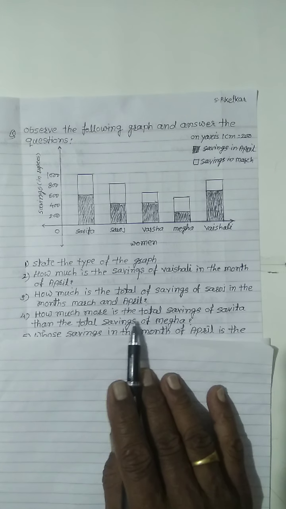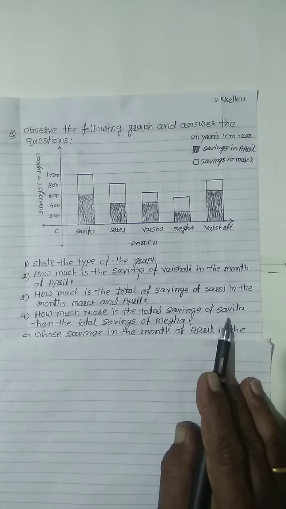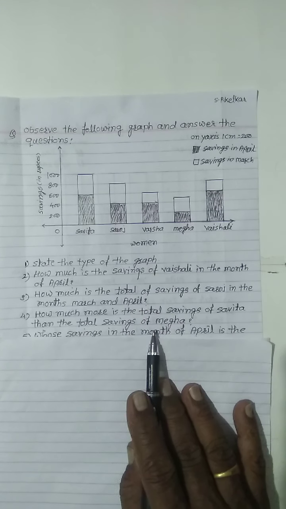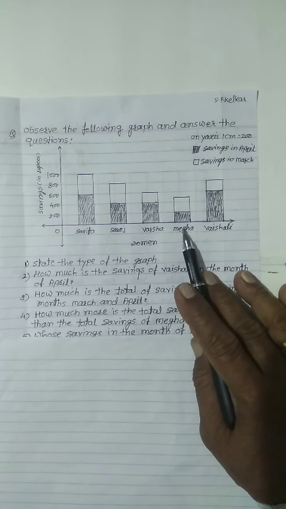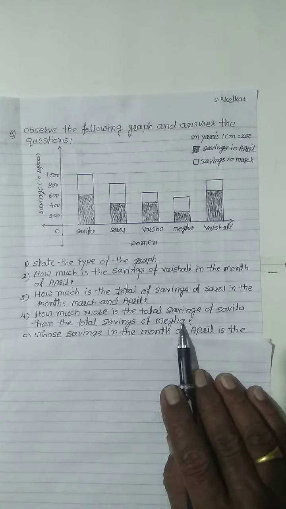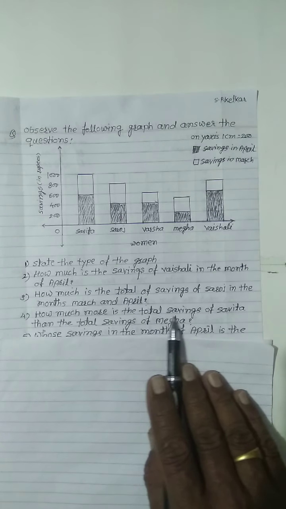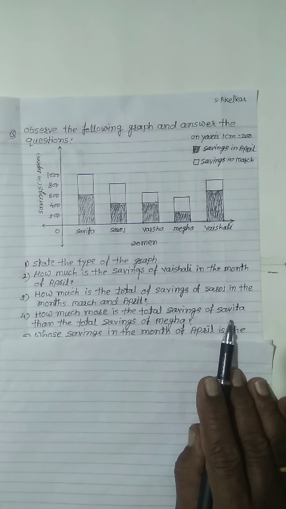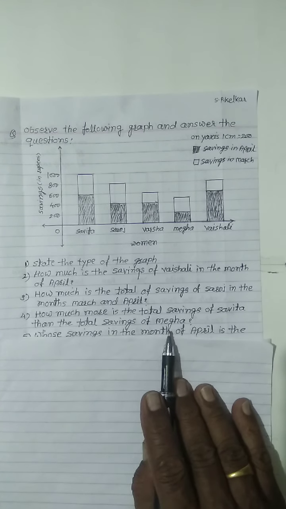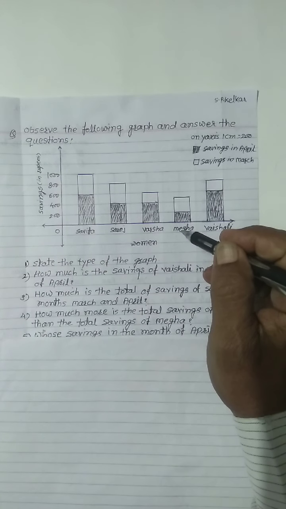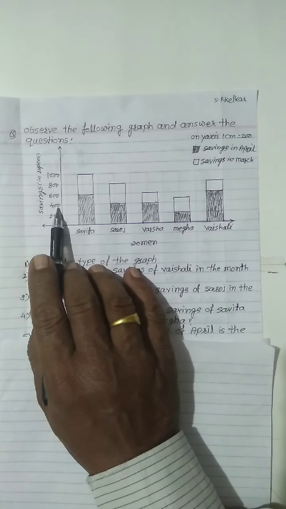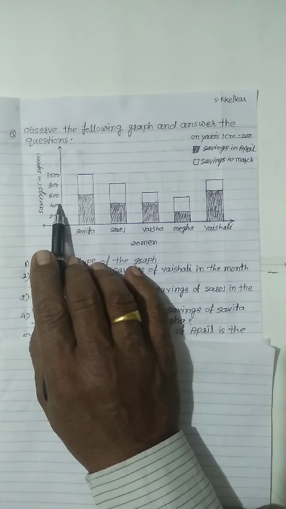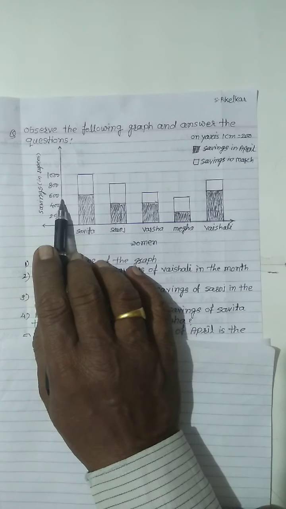How much more is the total saving of Savita than the total saving of Megha? See the Megha and Savita. Now this is Megha and this is Savita. Megha's saving is, see the 400 and above 400 means 500, we can say that.